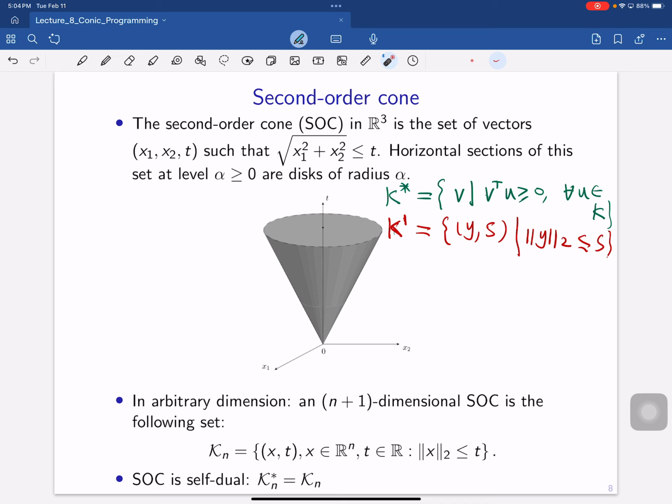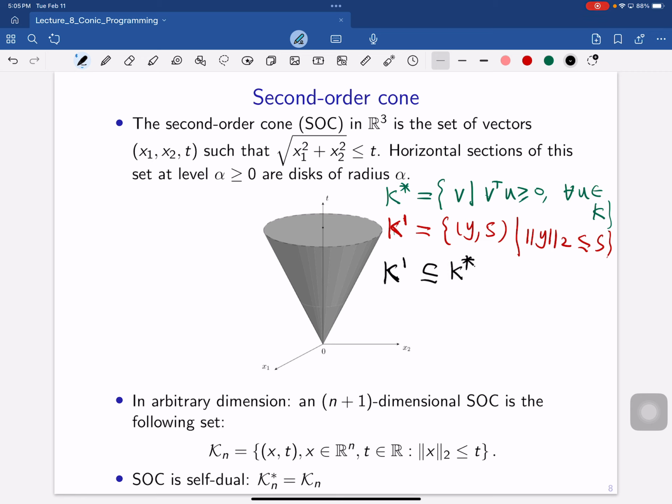Now, in order to show two sets are equivalent, usually the trick is that you show one set is contained in the other, and the other set is contained in the first set. Let's first show the following: that K1 is a subset of K star.